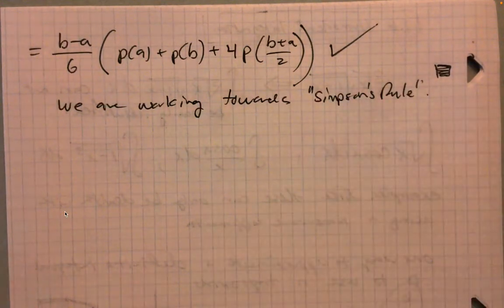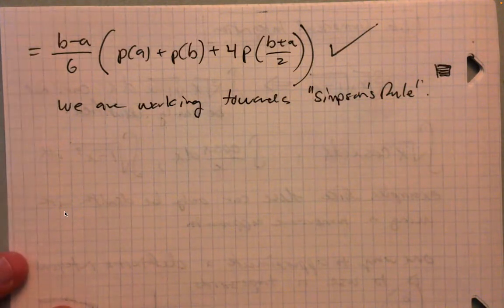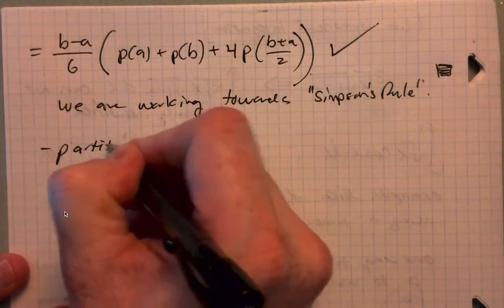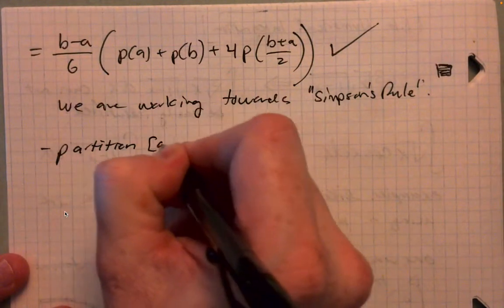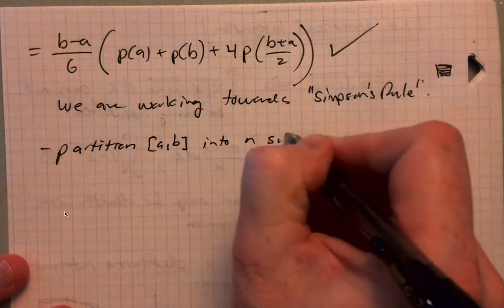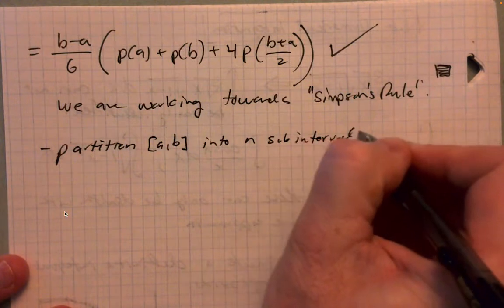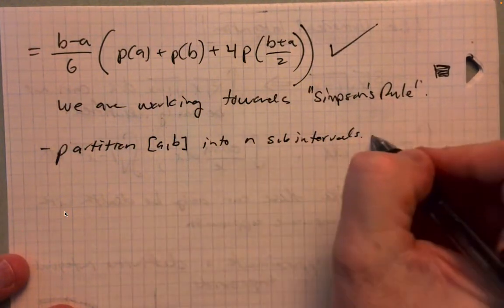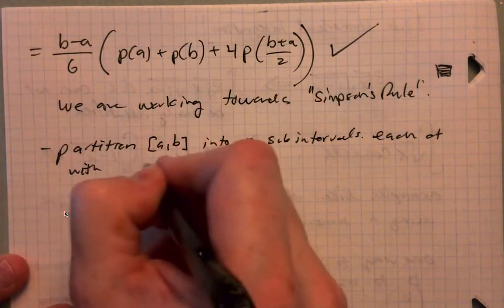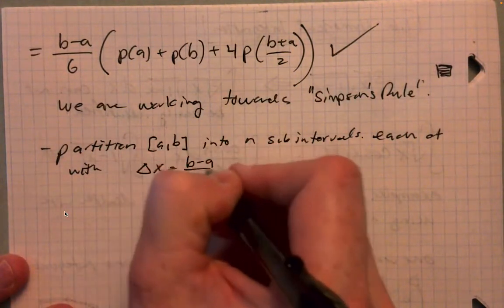Okay, so we're working towards Simpson's rule, and our goal is another version of a definite integral approximation. So here again, we're going to want to start by partitioning [a, b] into n subintervals, each of width delta x equals (b minus a) over n.